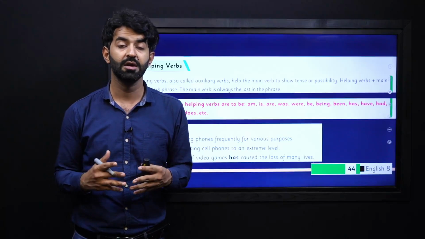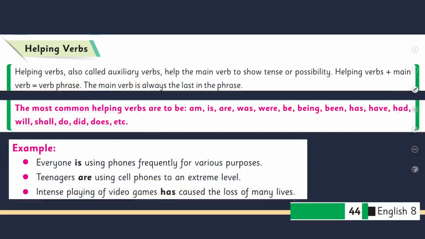So let's read the helping verb. Helping verbs are also called auxiliary verbs. Now what do they do? They help the main verb, which is the main verb showing the action, to show tense or possibility.